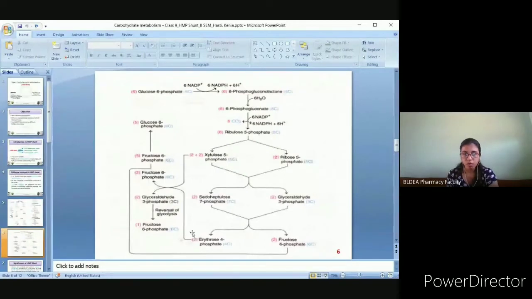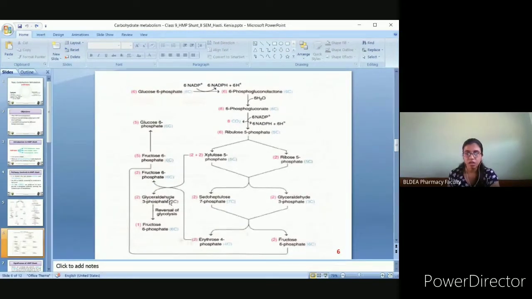And whatever erythrose phosphate is formed, those 2 molecules will react with the remaining 2 molecules of xylulose, resulting in synthesis of 2 molecules of 6-carbon compound and 2 molecules of 3-carbon compound.